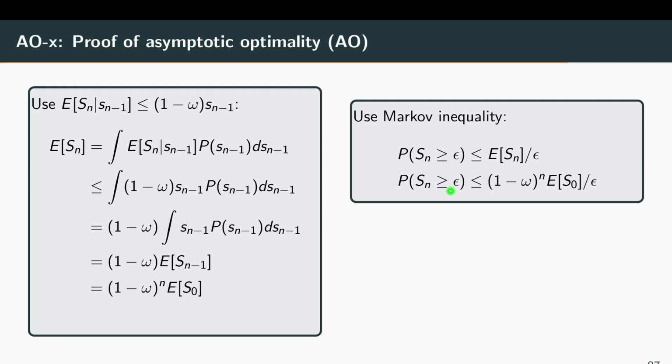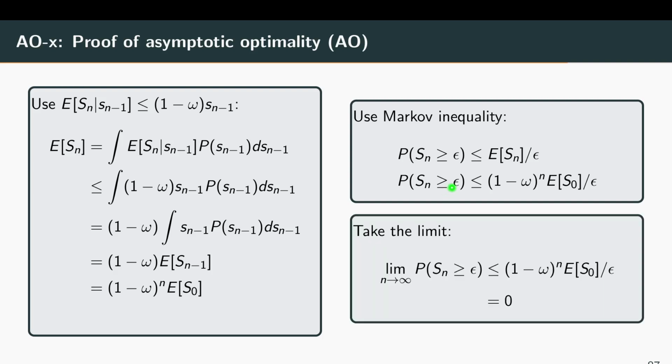And we get this equation. And then the last step is really just taking the limit on both sides. And then because this omega is greater than 0, we actually get our desired result.